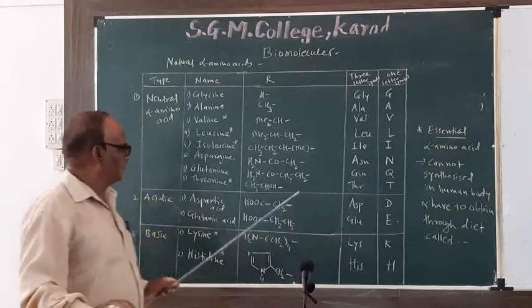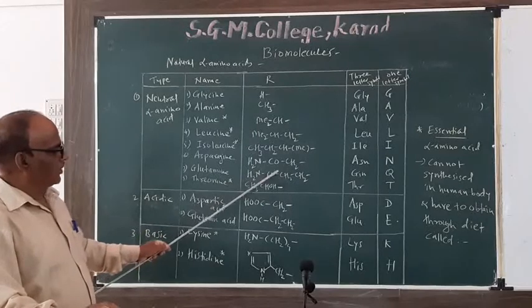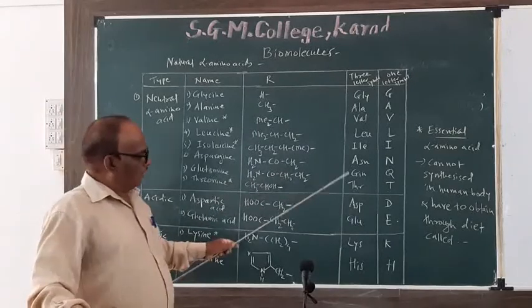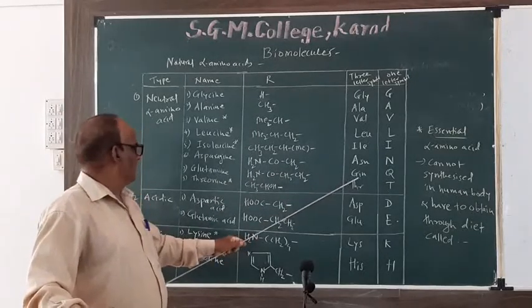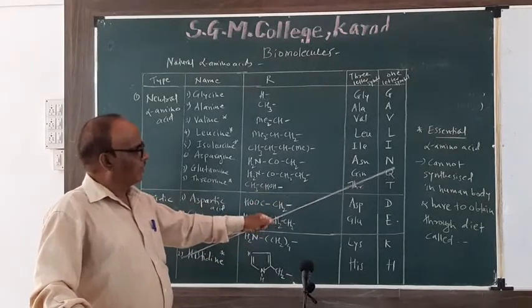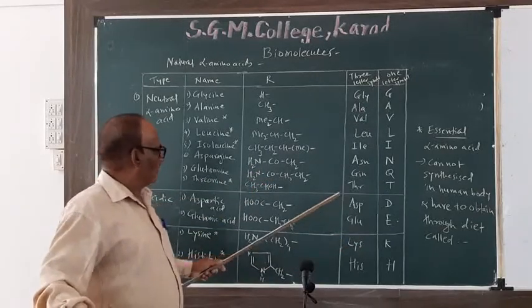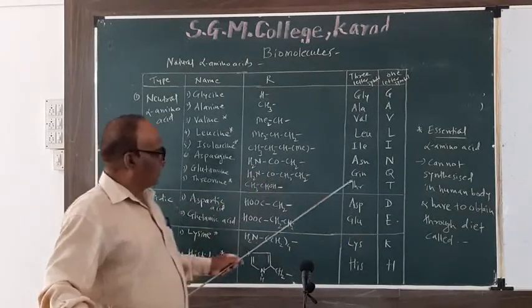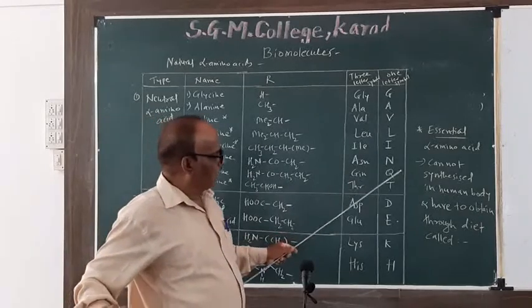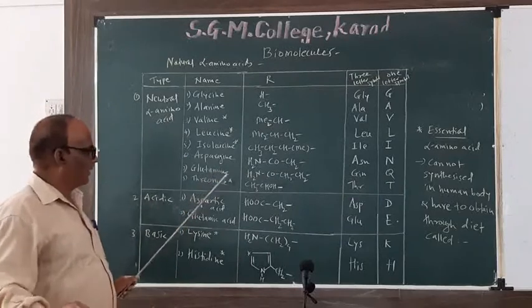Then in glutamine, R is NH2CO, CH2, CH2. Its three letter symbol is GLN and the one letter is Q, because the G symbol is already taken for glycine. So another letter, Q, is used for glutamine.